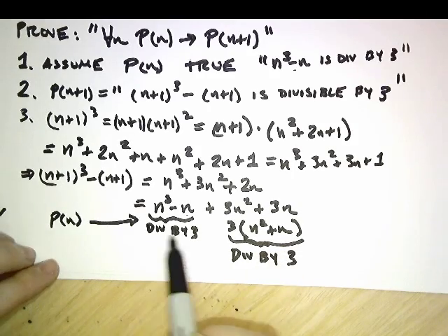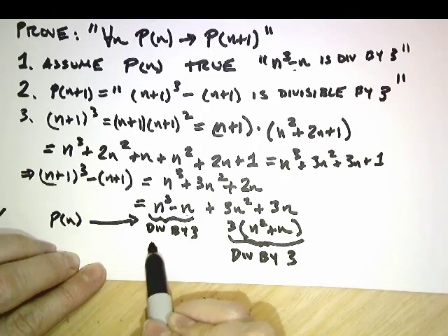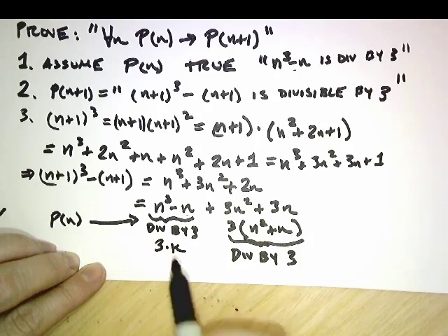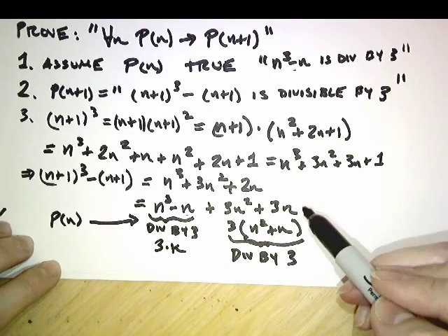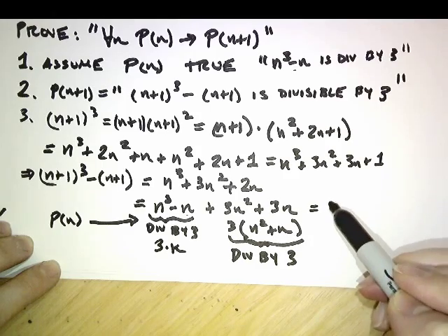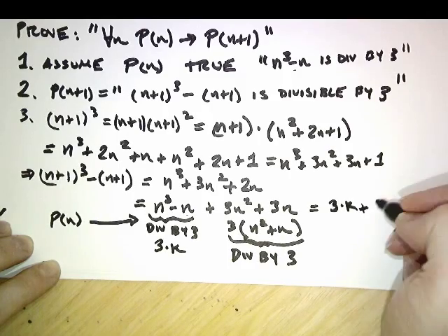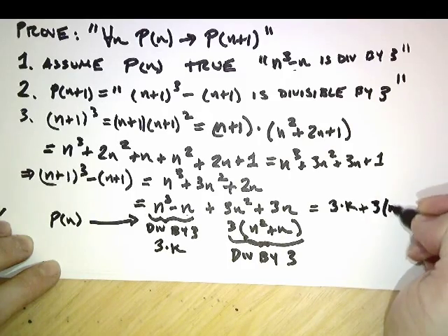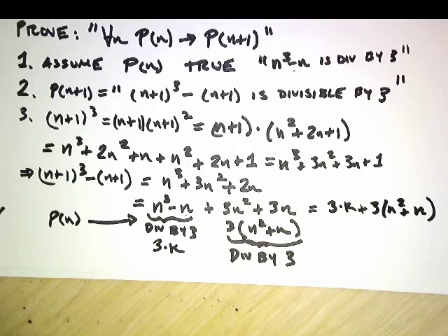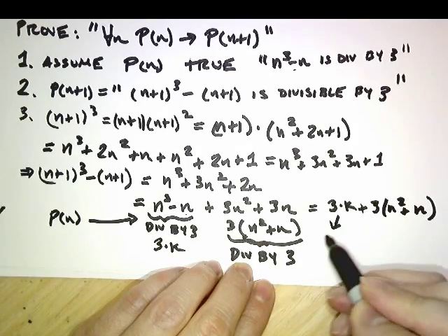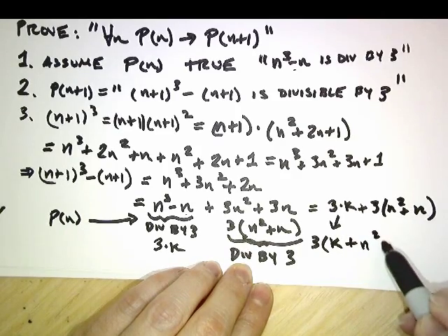Okay, so since this is divisible by 3, it means that we can write it as 3 times k for some integer k. But that means that this entire quantity is equal to 3 times k for some integer k plus 3 times n squared plus n, which means that this is equal to 3 times k for some k plus n squared plus n.